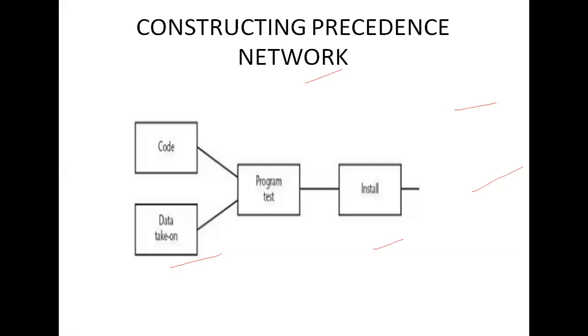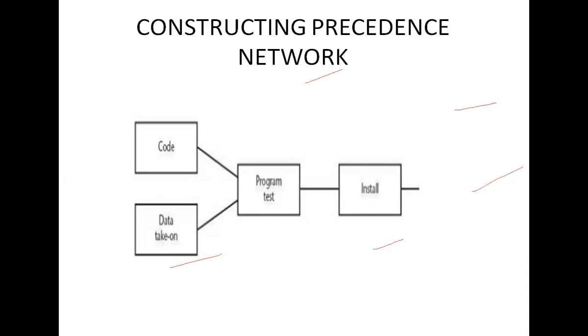The rules for the precedence network are these. A project network should have only one start node, and it should have only one end node.